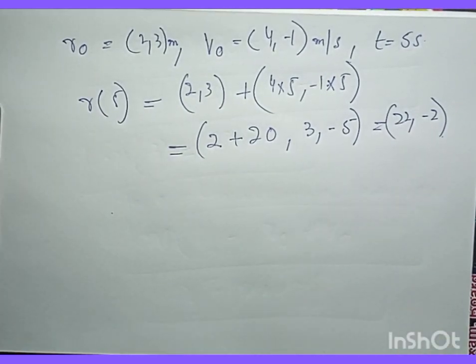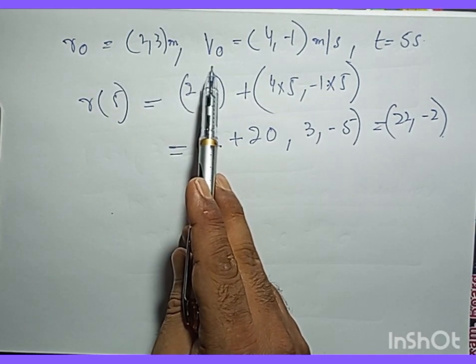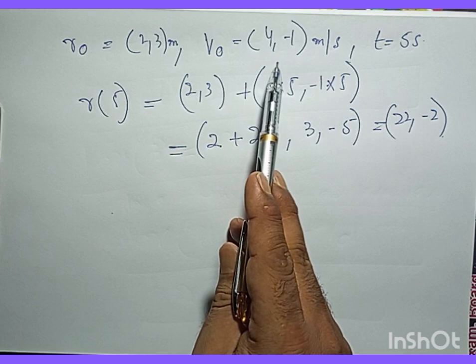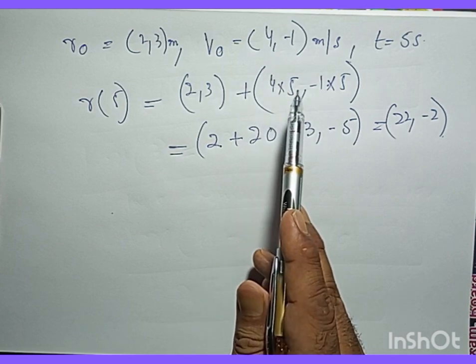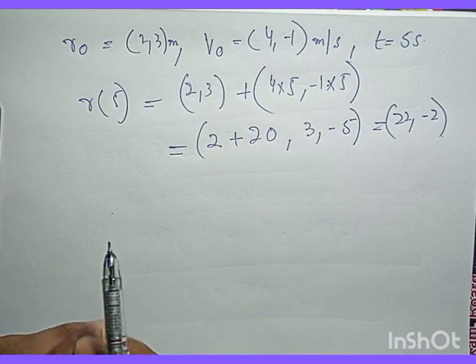So here we are describing the particle classically, and we can locate its position at time equal to 5 seconds, if its initial coordinates are 2 and 3, and the coordinates of its initial velocity are 4 and minus 1. And in addition to this, we have the energy considerations.